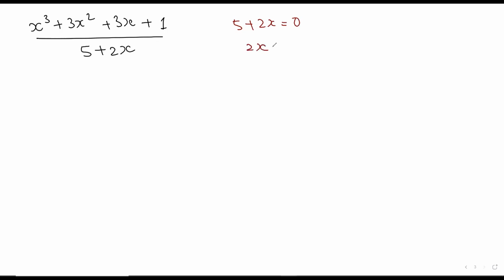And then 2x becomes equal to minus 5, right? The 5, the sign changes, it becomes minus 5. And x is equal to minus 5 upon 2. So, Hamna, is it clear? Yes, ma'am. So this turns out that our a from here is equal to minus 5 by 2.